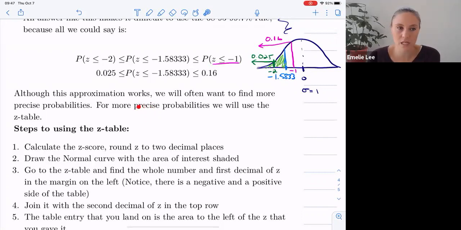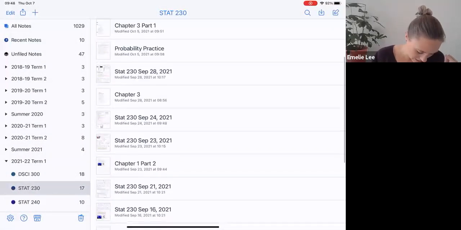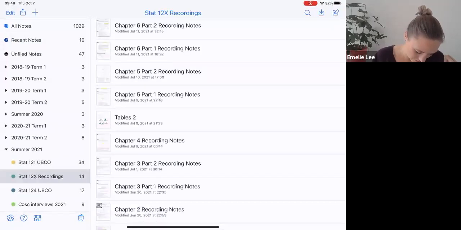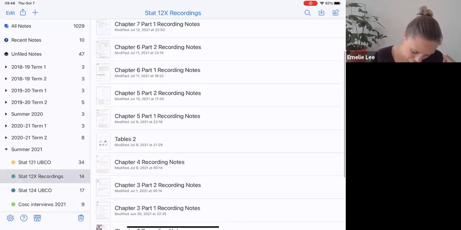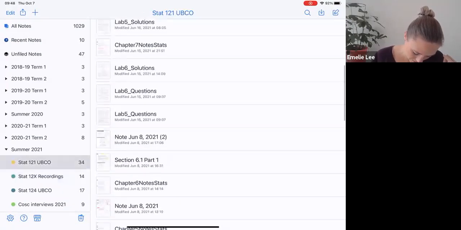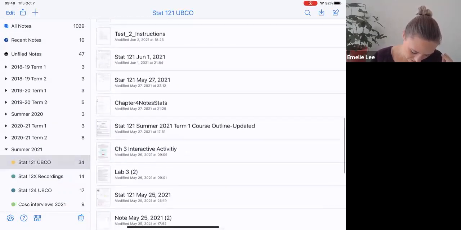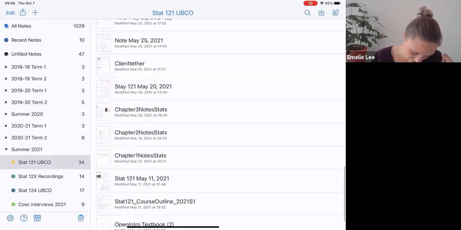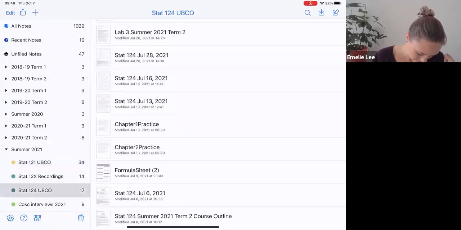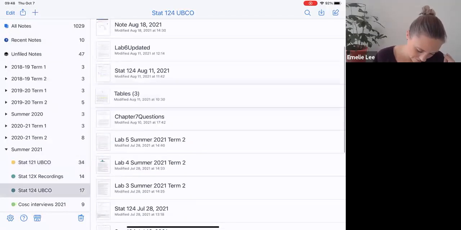And so I posted those tables on Moodle, and I wonder if I have them brought in here or if I need to grab tables too. Nope. I'm sure I can search. I just don't know. There's the formula sheet. Okay.